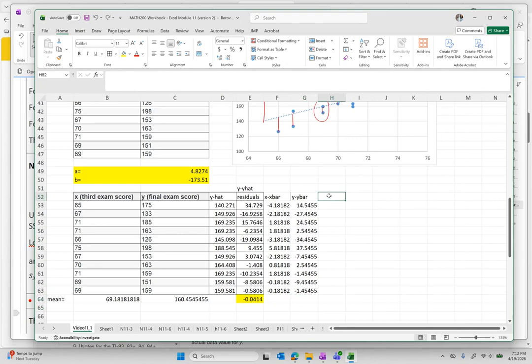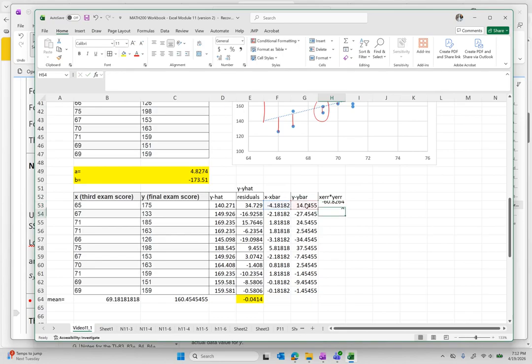So for the numerator of A, I will multiply x minus x bar times y minus y bar for every value. Let's try this again. So let's say x error times y error. Okay, x minus x bar times y minus y bar.